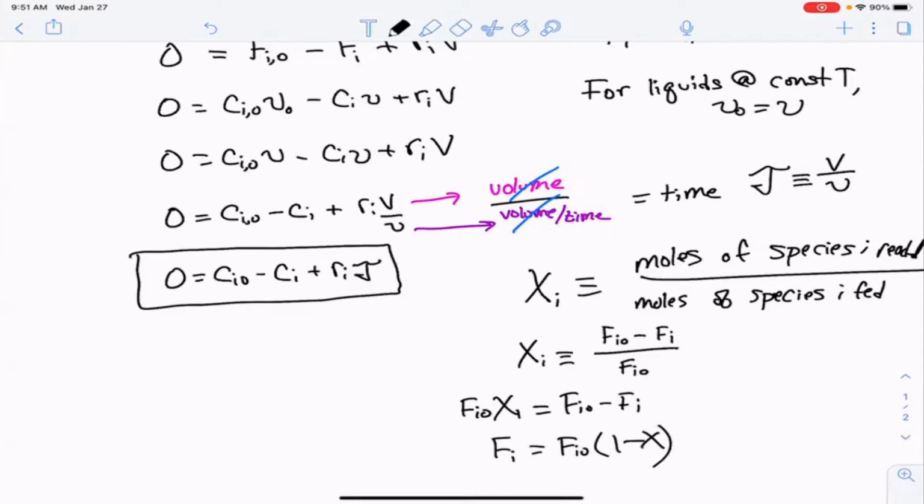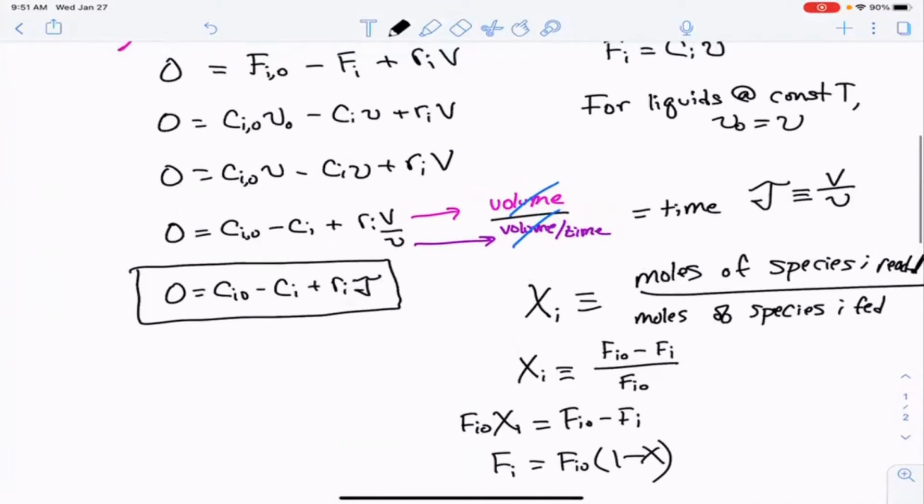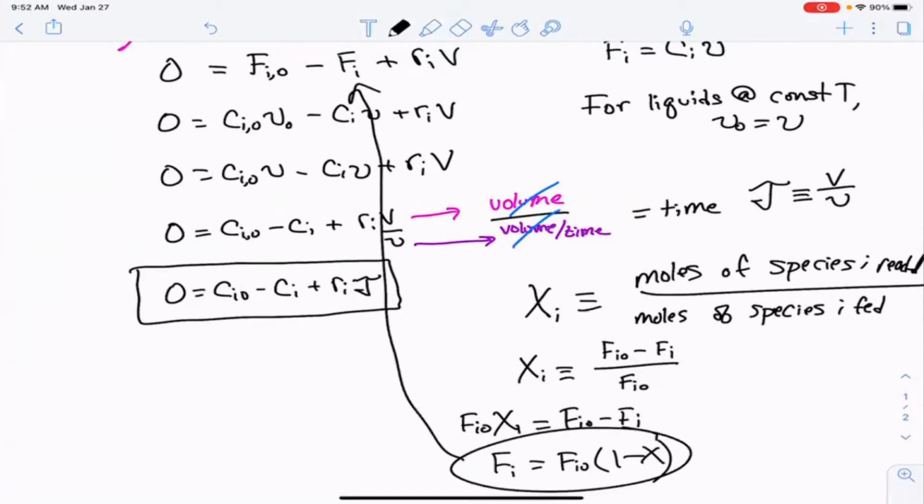And this probably makes sense that if the conversion was 1, let's say, then the flow rate of the reactant of interest would also be 0, right? And if the conversion was 0, it would just be equal to the initial flow rate. So we also could think about our mole balance from up here in terms of conversion. And so we can insert this into there.